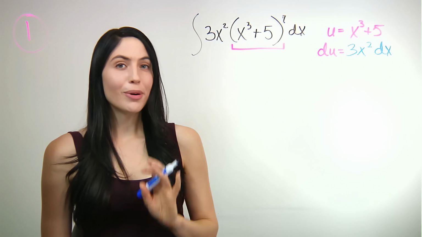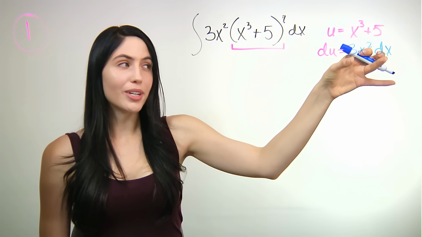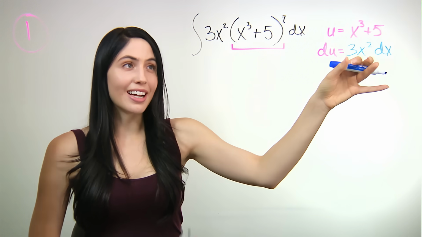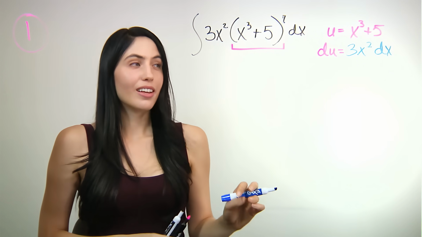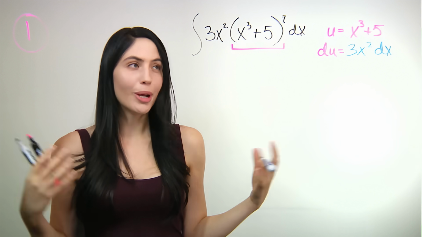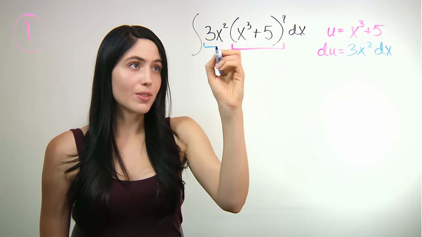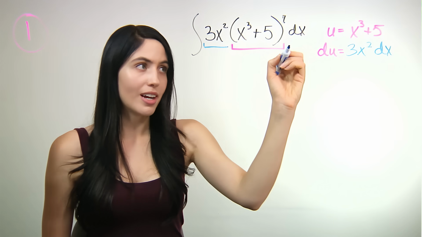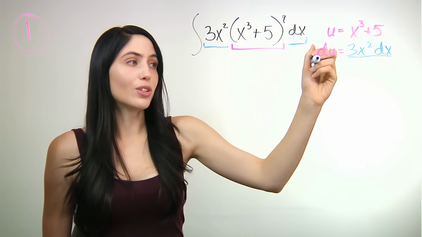Now, in a perfect world, perfect problem, your du, 3x squared dx, is exactly what's left in the integral, apart from u. And this is a simple perfect world problem, so it is. What's left, 3x squared dx, is exactly your du.